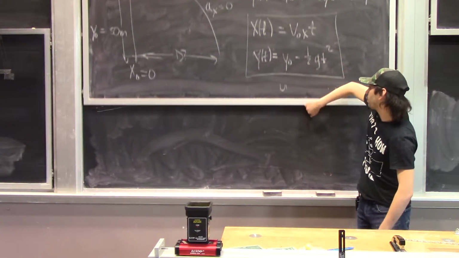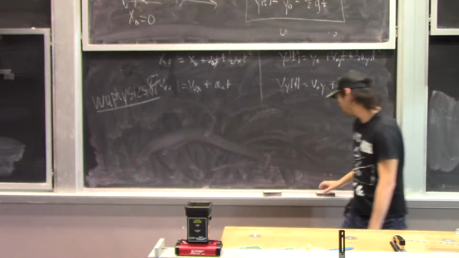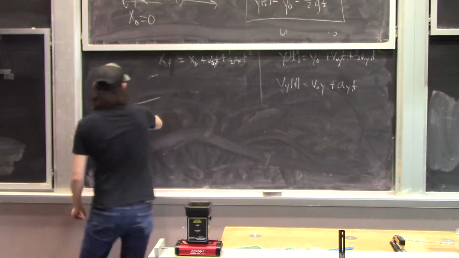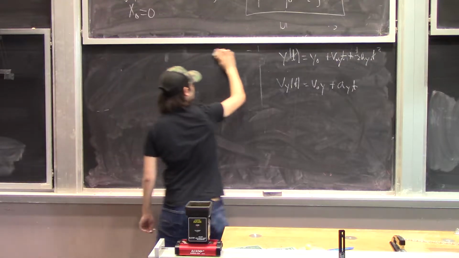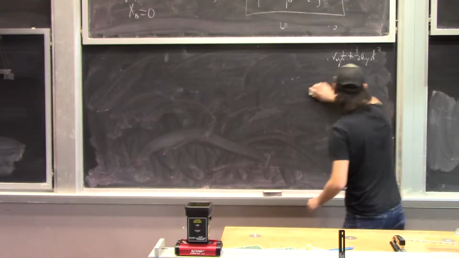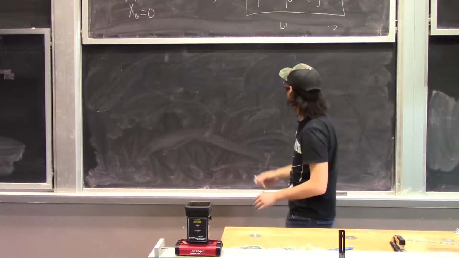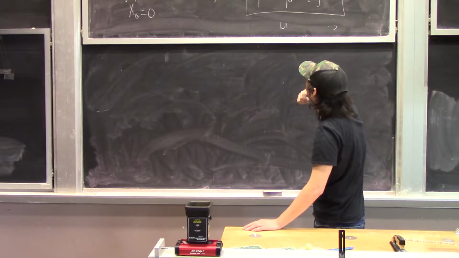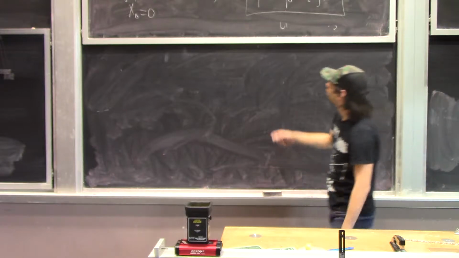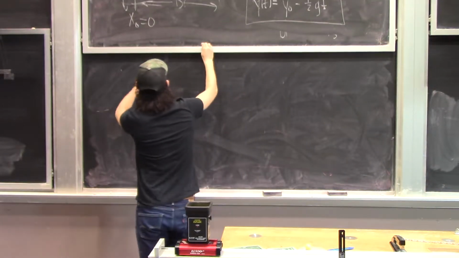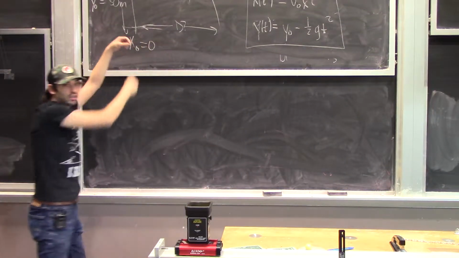So now that we have these two equations, we want to apply some conditions in order to solve for the time that it takes for this to fall. In order to do that, we want to consider the y equation, because the time it takes to go horizontally is the same time it takes to fall.